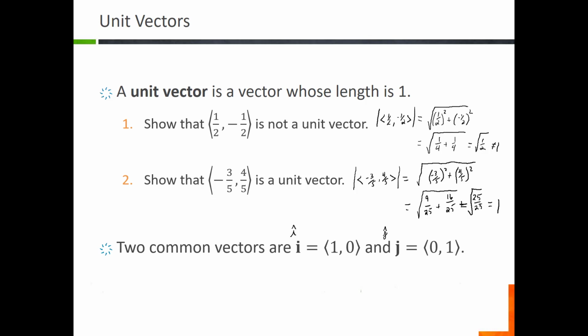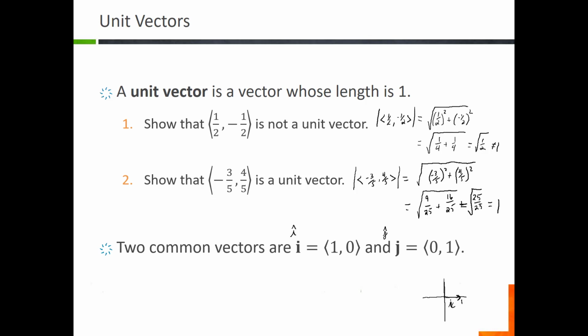When we try to draw this on a graph, let's quickly look at our x and y axes. The i vector, starting at the origin, points 1 unit to the right. So this is the i vector. The j vector points 0 units in the x direction, but 1 unit in the y direction.